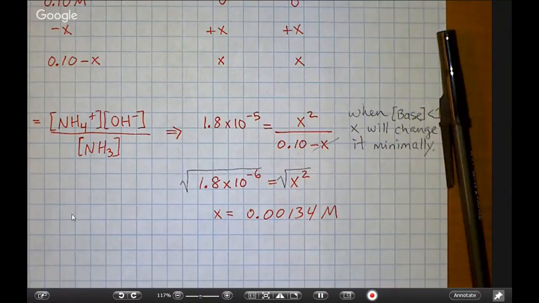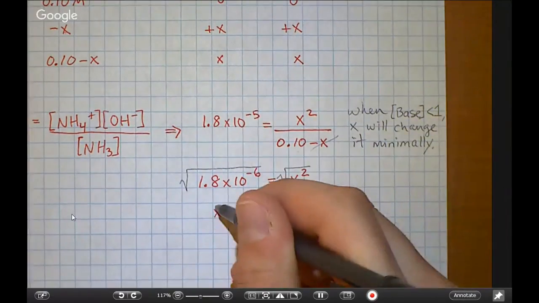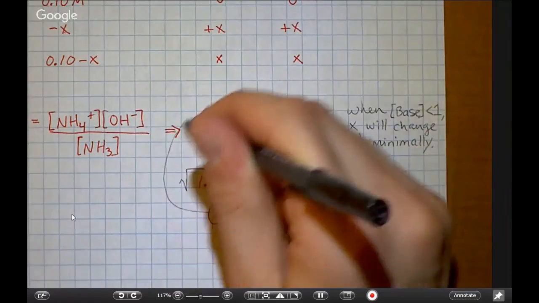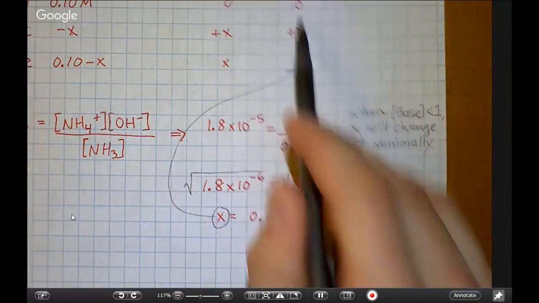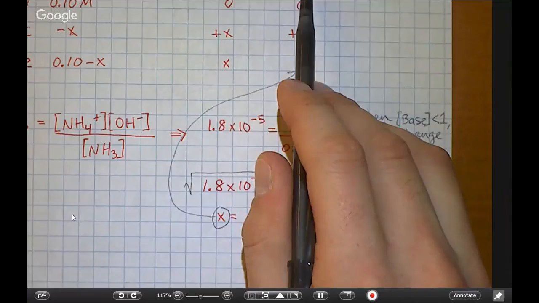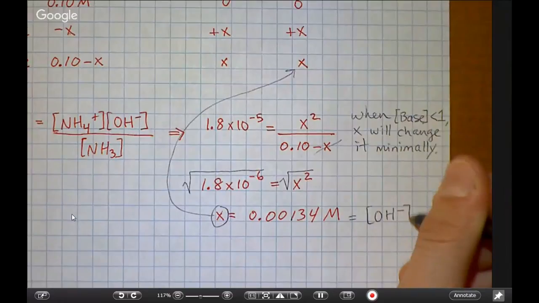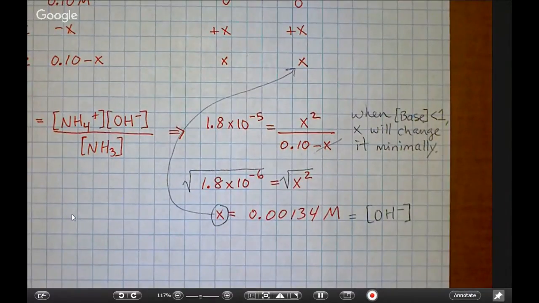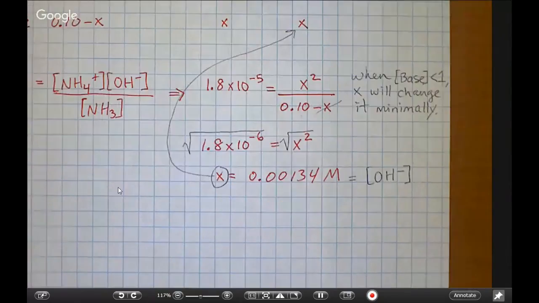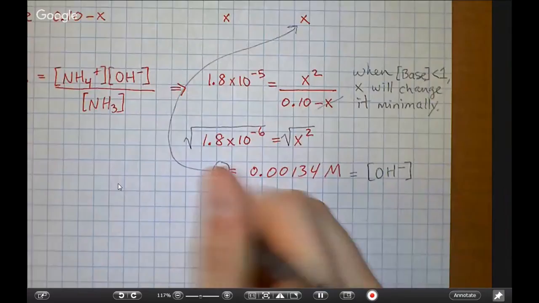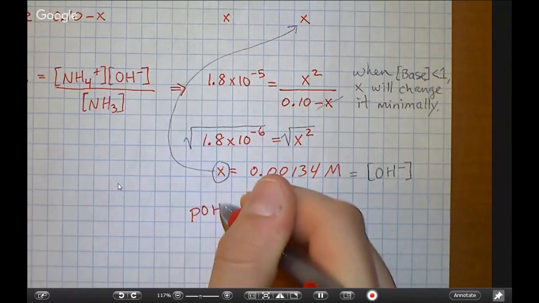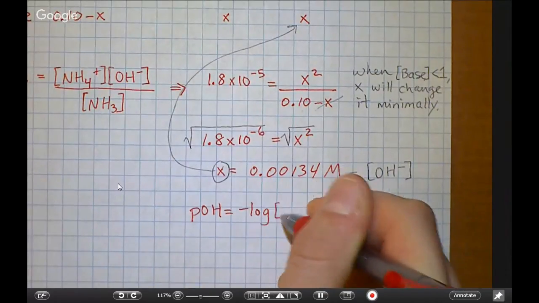So we want to find the pH. Realize for a moment that this X value here is the hydroxide concentration. So this equals hydroxide. So what do you think the best thing to do is right now? I mean, I know we want to get to pH, but what's probably the most straightforward thing to do from here? Yeah, find the pOH. Okay, so pOH is negative log of hydroxide.